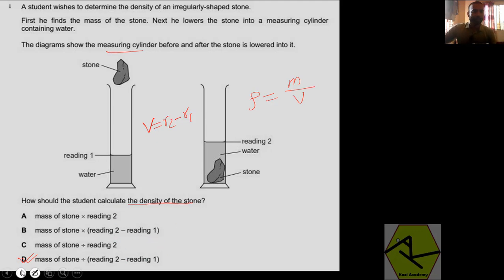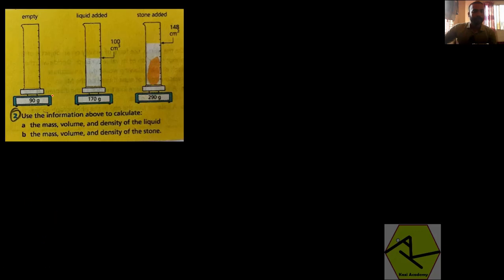Use the information above to calculate the mass, volume, and density of the liquid. Okay, number A. First of all, the mass. So here, find the difference between these two. Here mass is given 90 gram for the empty container, and after pouring the liquid, this is the mass of this container with liquid, 170 grams.